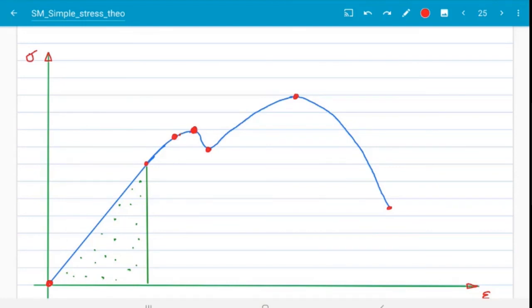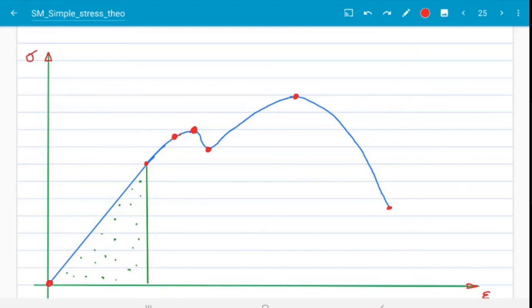Next, there is a bumper in the car. During the accident, the bumper is fully collapsed. So how much energy is absorbed by the bumper till the last point, breaking point? During the accident, we cannot control whether it is proportional limit, elastic limit, ultimate point, breaking point.